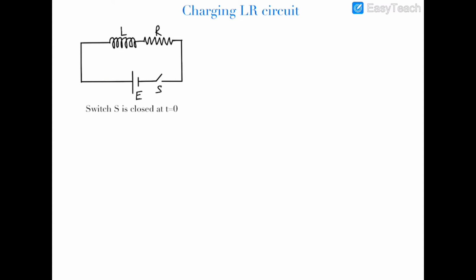So we are dealing with all the analysis of the period in which that current is increasing, and it has increased from 0 to that saturation value. So we will do the complete analysis of that period, what would be the equation of current as a function of time in that period, and what are the other factors.